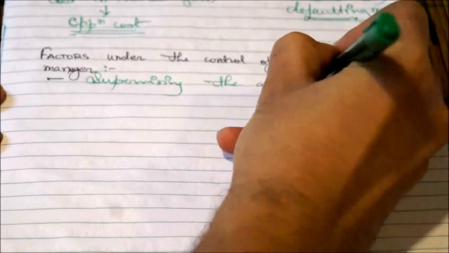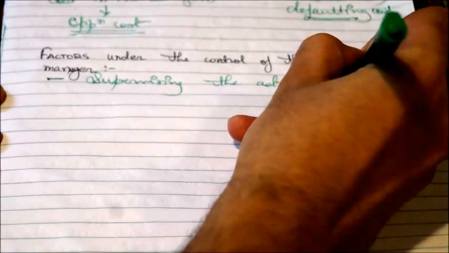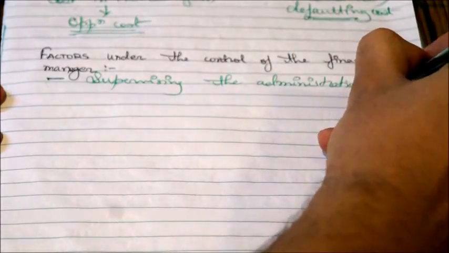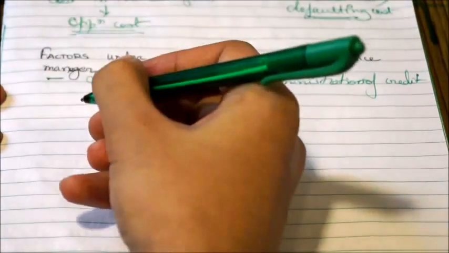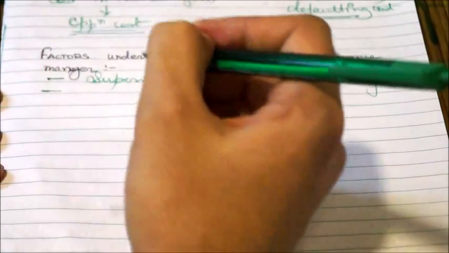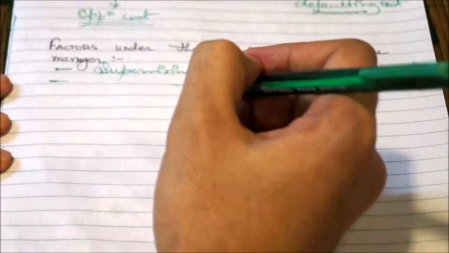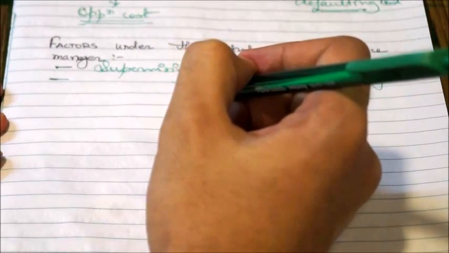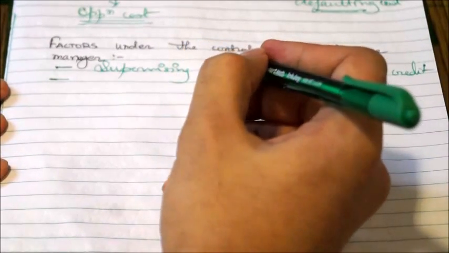What do you mean by supervising administration of credit? He can supervise who are the customers whom the credit has been given, and he could sketch a policy which could be based on his customers or the kind of category of the customers which he has.